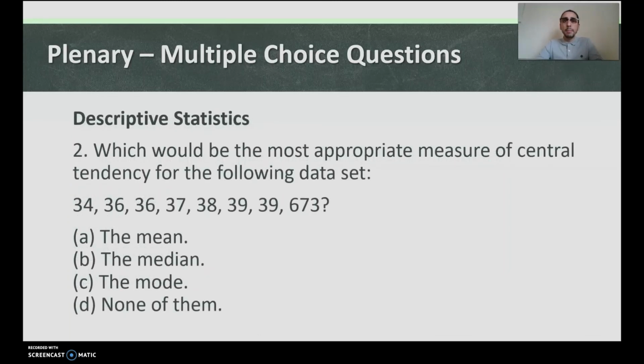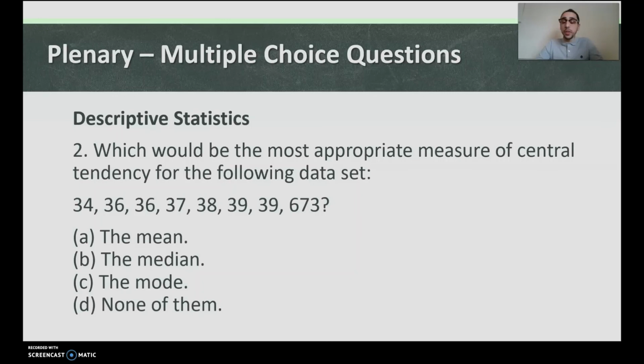Number 2. Which would be the most appropriate measure of central tendency for the following data set? 34, 36, 36, 37, 38, 39, 39, or 673. A, the mean. B, the median. C, the mode. Or D, none of them?